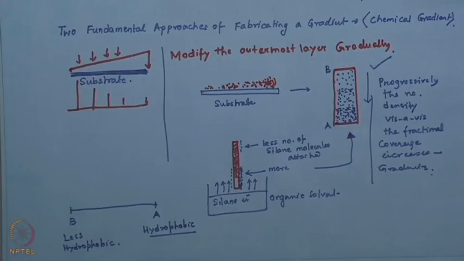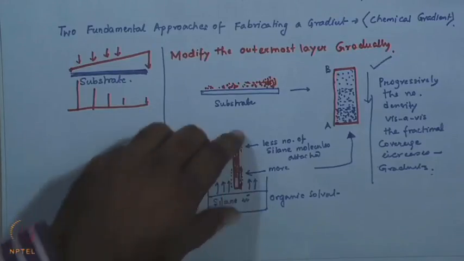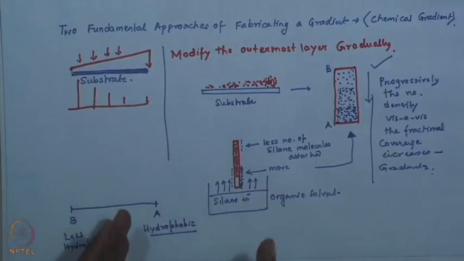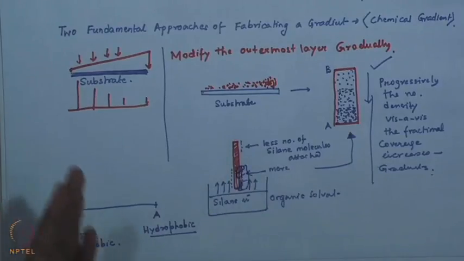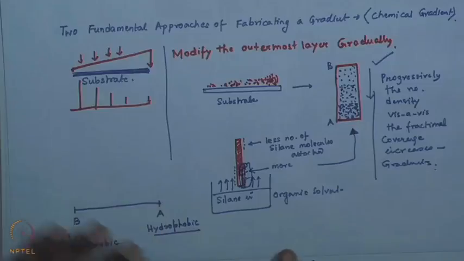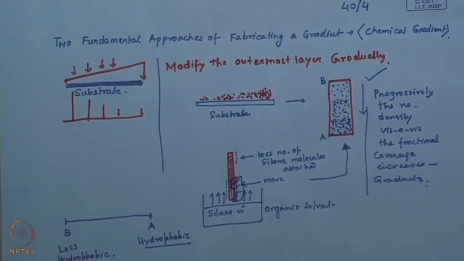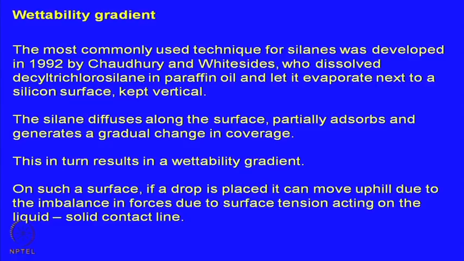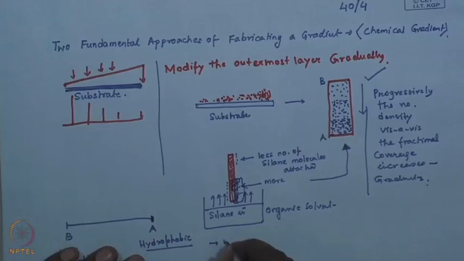Okay, and there is a progressive variation, because as it is kept vertical, the diffusion path of the molecules is higher. So, here more molecules will attach, and then progressively fewer molecules will attach as you go further away from the source of the molecules. This results essentially in a surface with a chemical energy gradient, which results in a wettability gradient.